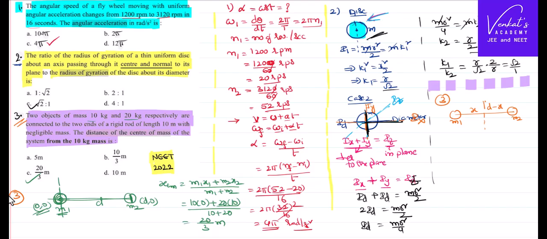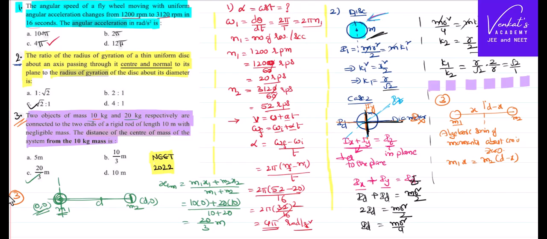The definition of the center of mass is that the algebraic sum of moments about the center of mass is 0. That means m1 times x equals m2 times d minus x, mass into distance.